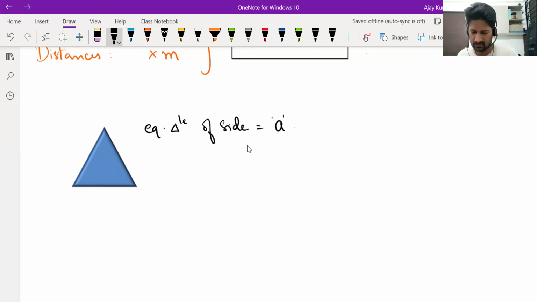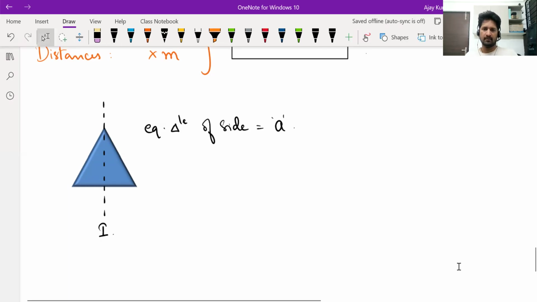Okay. So for this triangle, about this axis, let's say the moment of inertia is given as I. Okay, hope this is clear to all of you. Now this triangle is made of some material. Maybe a cardboard was cut into this shape.